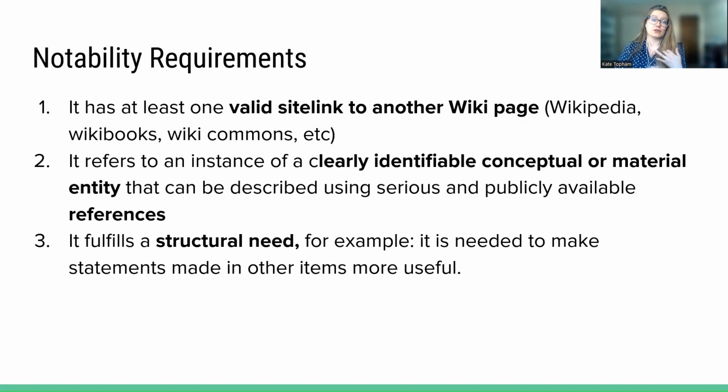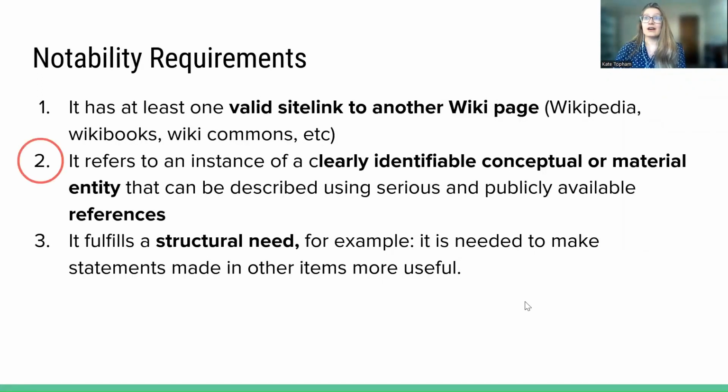Or three, it fills some kind of structural need. So if it's needed to make statements in other items more useful. That's where we get subclasses and things like that, to make the network of Wikidata work.